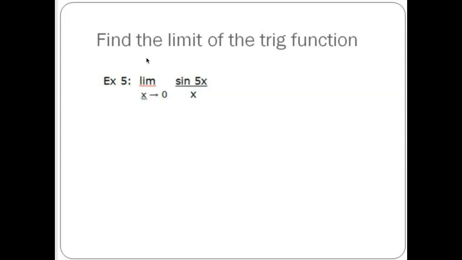So in order to create a 5 in the denominator, we need to multiply by 5 over 5. Creating the limit as x approaches 0 of 5 sine 5x over 5x.